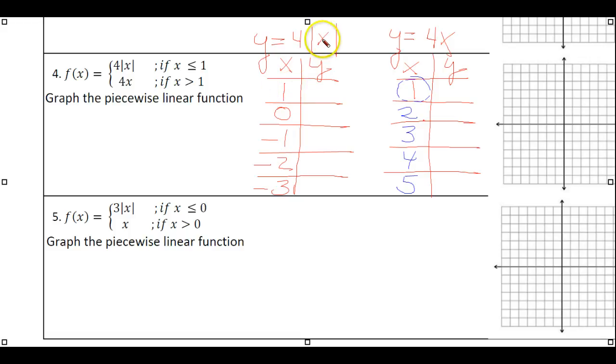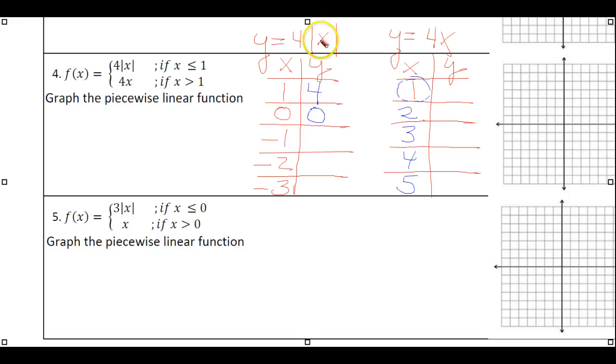So if x is 1, the absolute value of 1 is 1. 4 times 1 is 4. If x is 0, the absolute value of 0 is 0. 4 times 0 is 0.